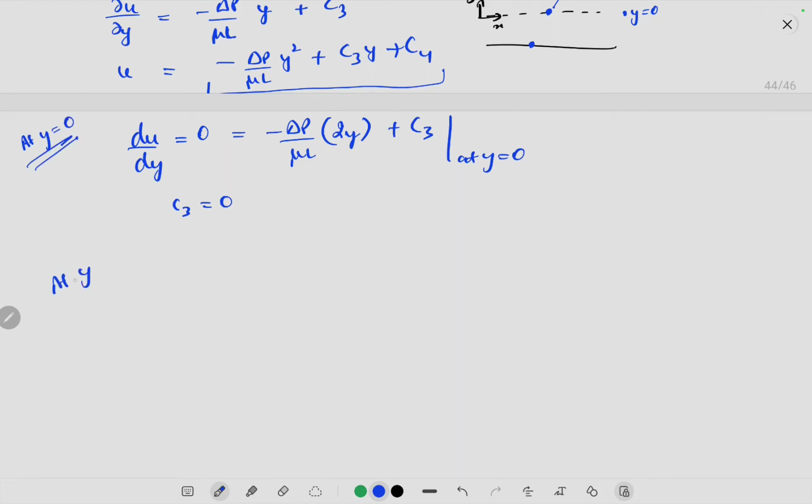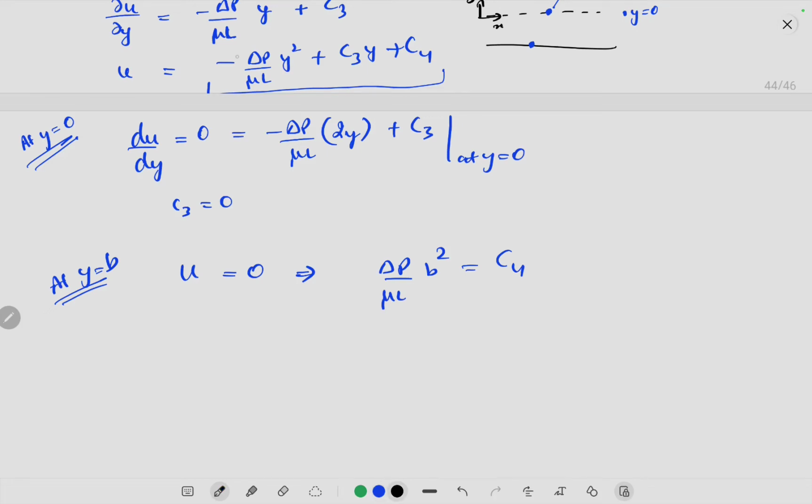Then I have at y equal to b. So at y equal to b, u equal to 0. This implies minus del p by mu l b square plus c3, which is 0, plus c4 equal to 0. So I'll get c4 equal to del p b square upon mu l.